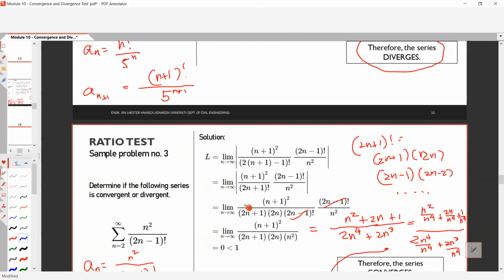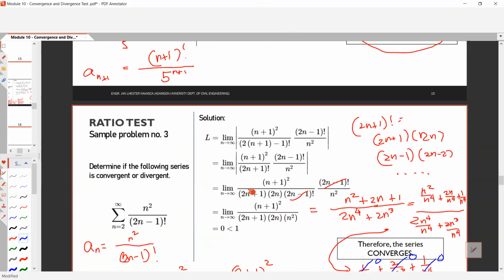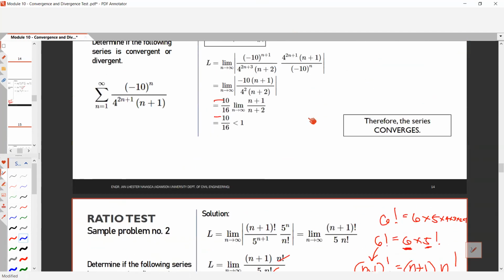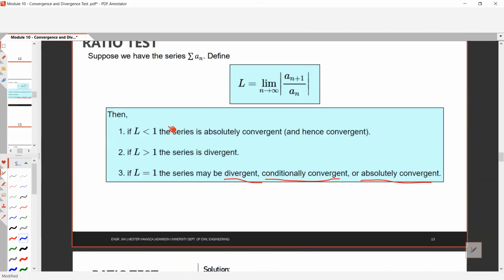Then simplify the answer and take the limit as n approaches infinity. Then you will compare that value of L to 1. If less than 1, that is converging. If greater than 1, that is diverging. And if equal to 1, then maybe the series is divergent, conditionally convergent, or absolutely convergent.